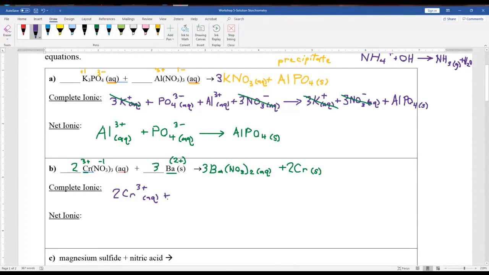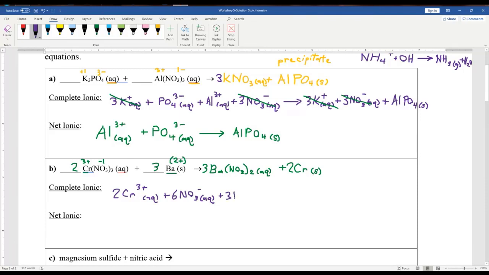Oh wait, no, 6. Yeah, 6 nitrates. Very good. 6 nitrate minus. Oh, both of those are aqueous. Yeah, I forgot to say that. It came from aqueous, so it's aqueous.